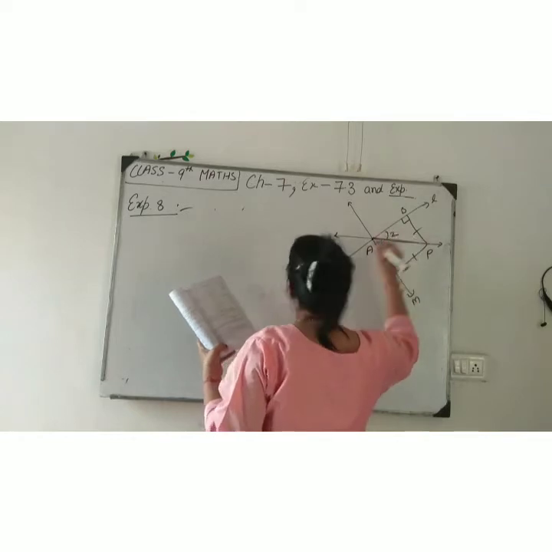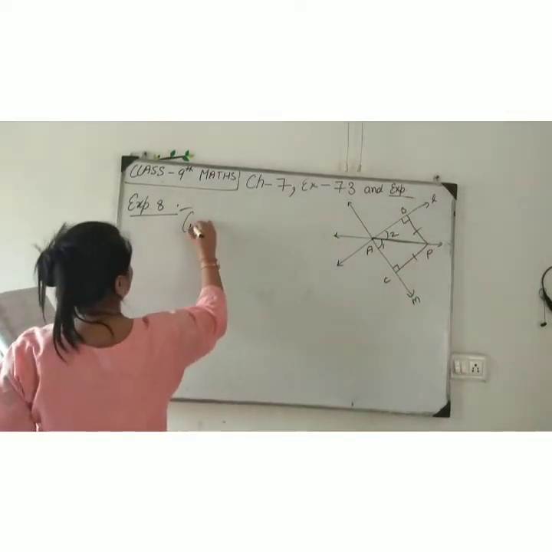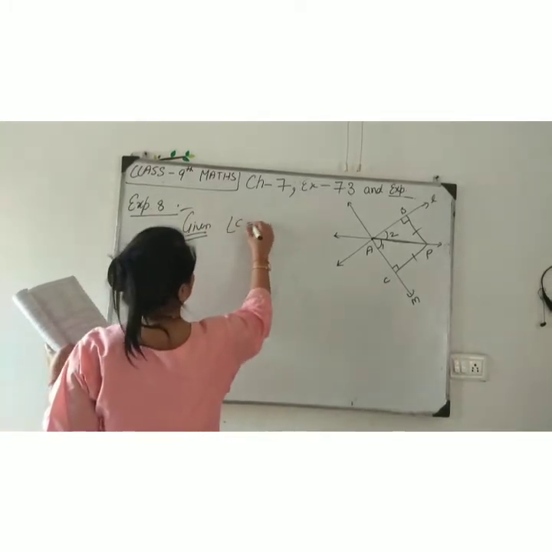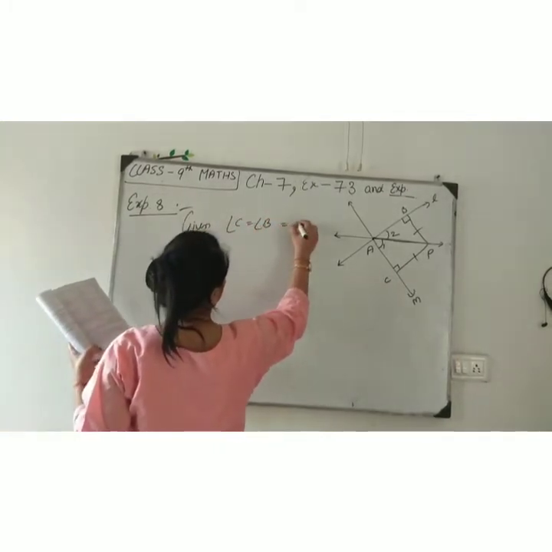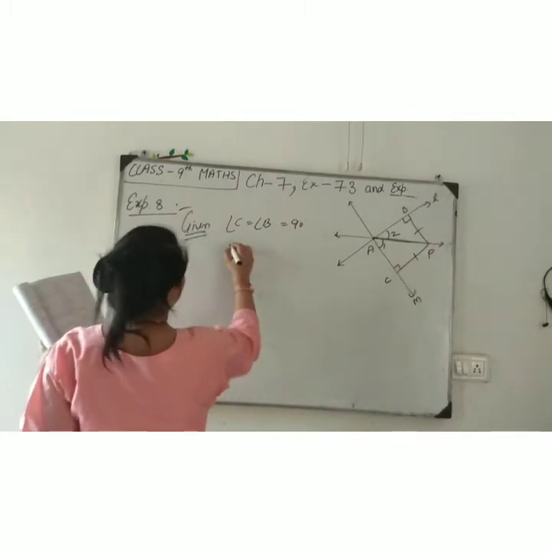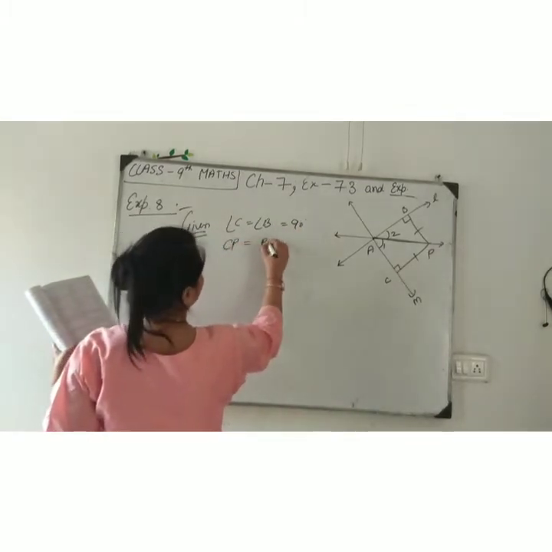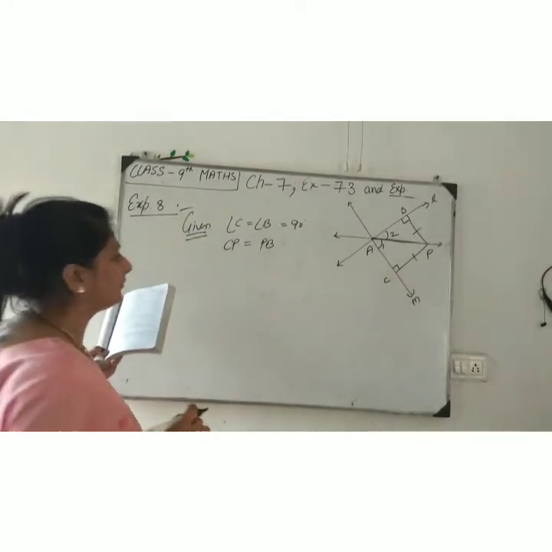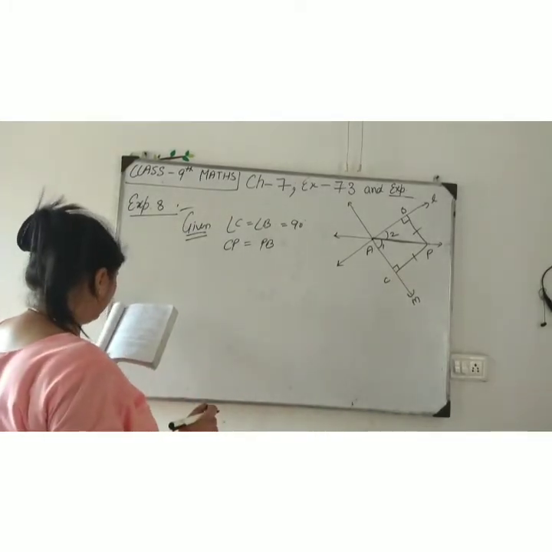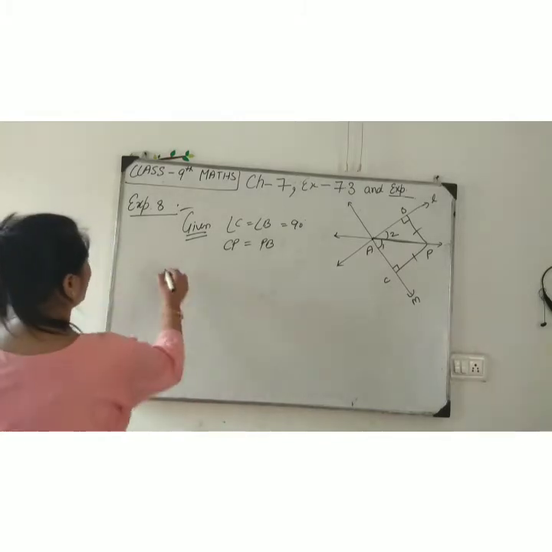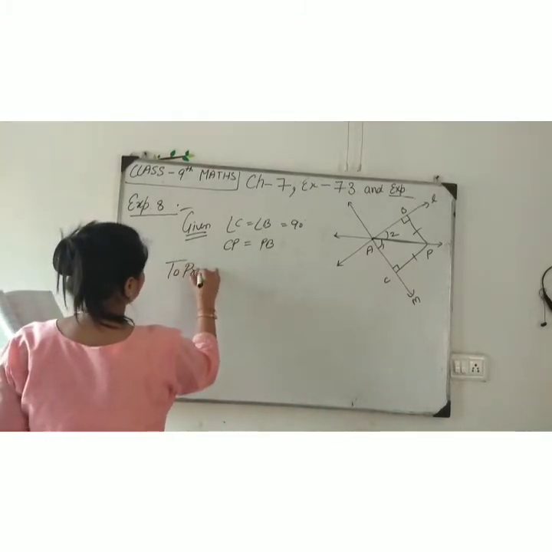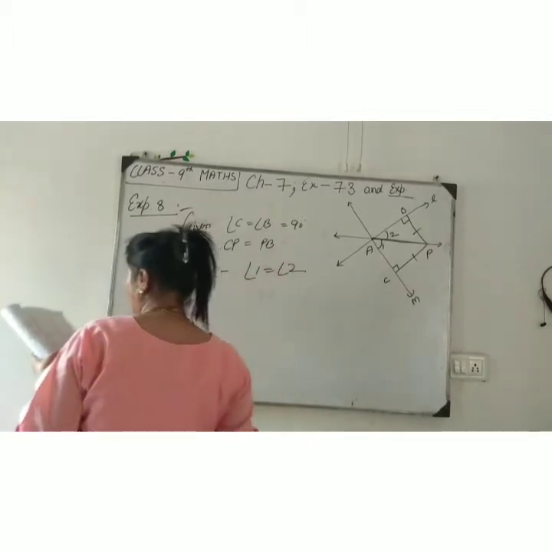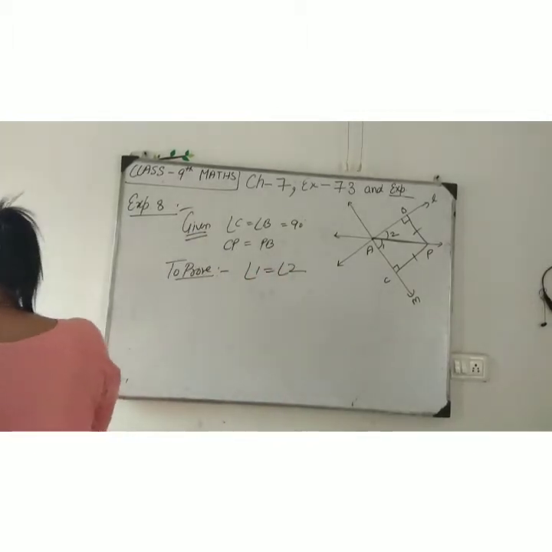Angle 1 equal to angle 2. So, given angle C equal to angle B equal to 90 degrees, CP equal to PB given, because it is at an equal distance from L and M. Clear? And to prove angle 1 equal to angle 2. Now, how to prove?